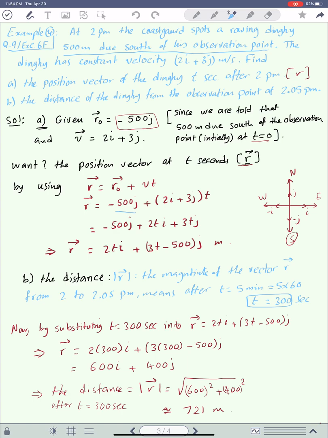So we collect them. We put the I term or component plus J component. So by expanding here, 2Ti plus 3Tj, so 2Ti is the only term with I, minus 500 plus 3T, you will get 3T minus 500J.